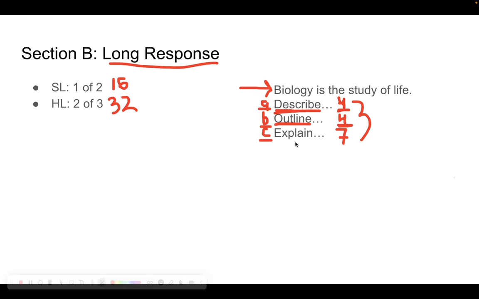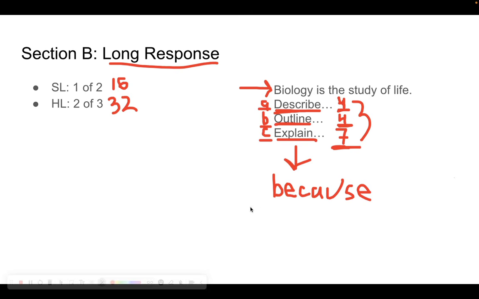And then the long response part of it, the big point question, is usually an explain question. And this means you want to give reasons for how things are related, and you definitely want to try to use the word because. So in this example of biology being the study of life, maybe you're asked to explain the relationship between water and life.